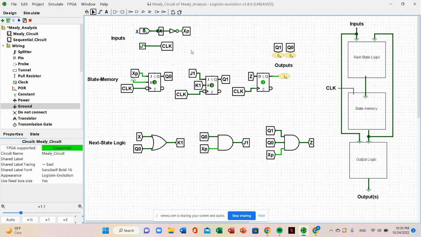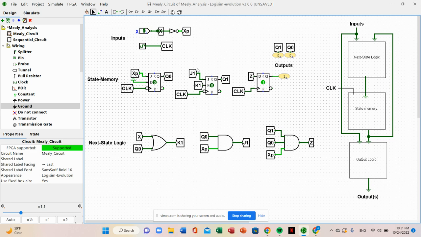So it's kind of like a portal, but it makes it a lot easier because otherwise you'd need to add a lot of wires and make it all messy with a bunch of wires. It also helps if you need to connect points that are far apart from each other.